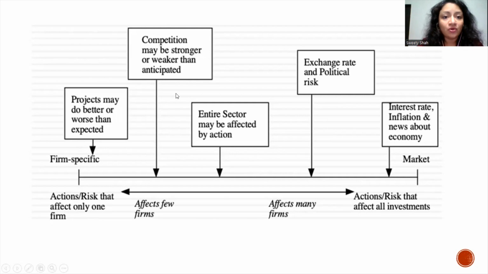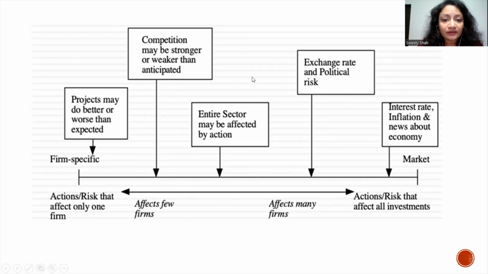Competition may be strong or weak. Again, it is going to affect the business of the company. So these are the particular factors which would affect your firm. And this particular risk is considered unsystematic and you can diversify this risk.